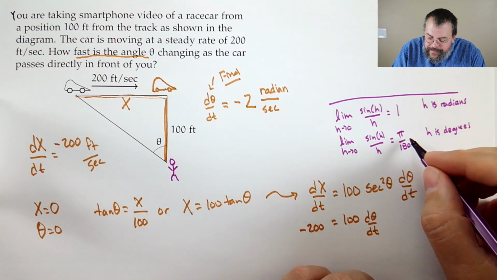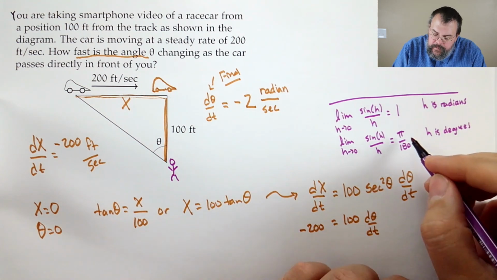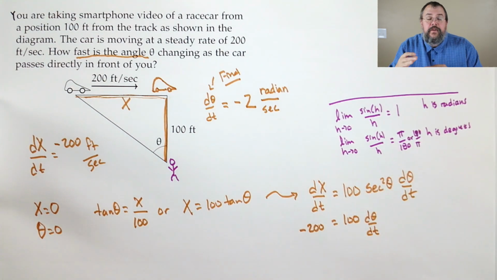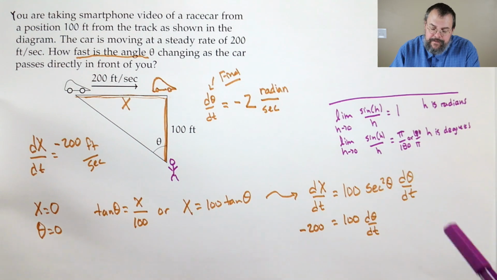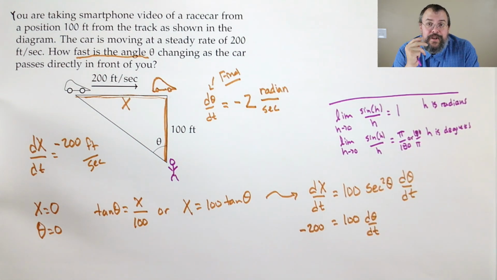I can't remember which one it is off the top of my head. Let's see, what would it be? Oh, I think it's, well, it's one of these two. Grab your calculator, try it out, and you'll see that it happens. Now you might say, where is this pi over 180 coming from? That's a conversion between degrees and radians.